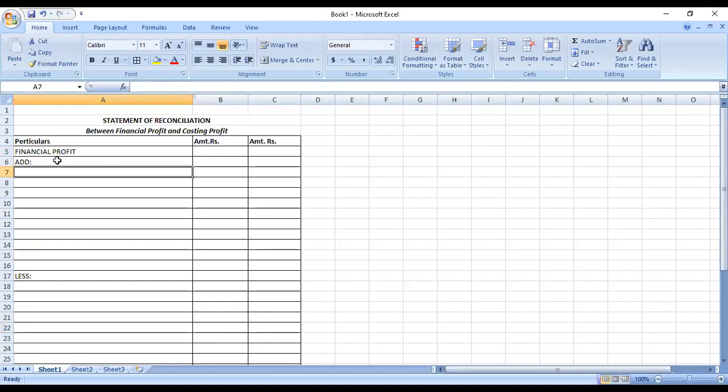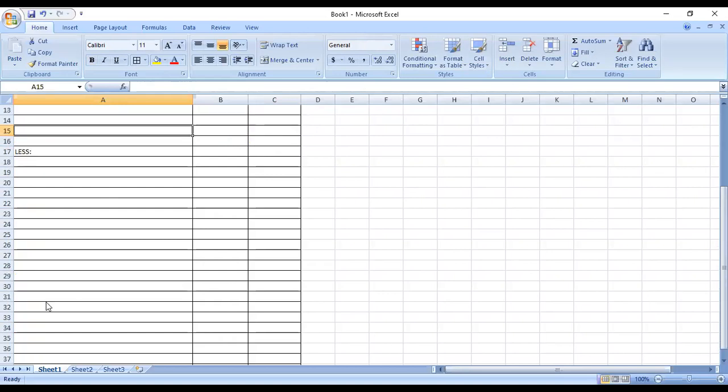What is the first one? The profit as per the costing accounts was also given. The financial profit given is rupees 30,450. And what about the costing profit? We'll mention here the costing profit, students. What was given as costing profit?